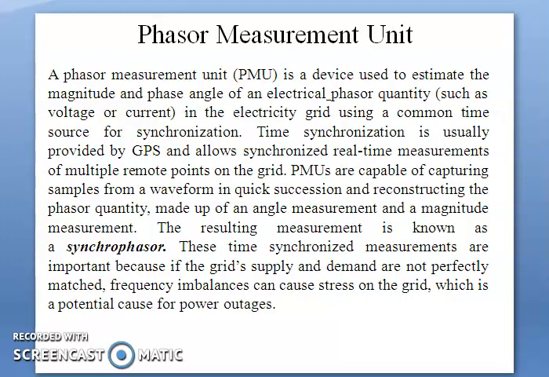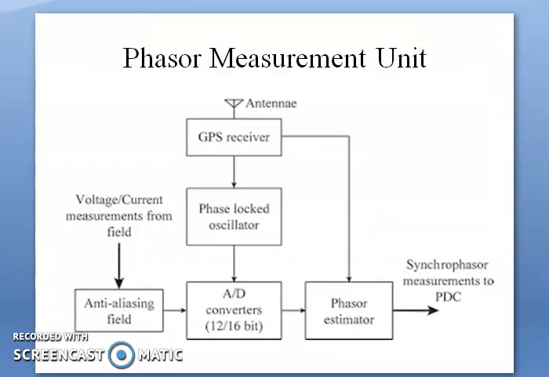So now we will see the block diagram of a phasor measurement unit. This is the typical block diagram of a PMU. So what does it contain? The power system measurements, that is the voltage and current phasors, are acquired through CTs and PTs located in the field.